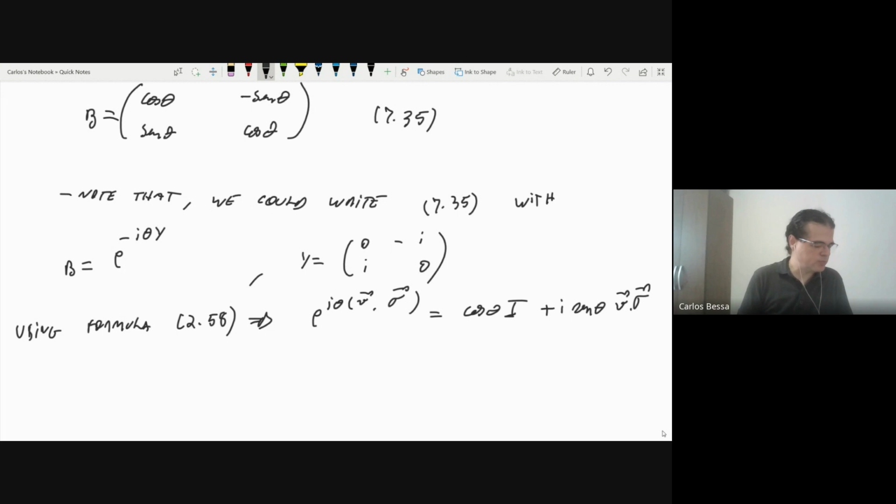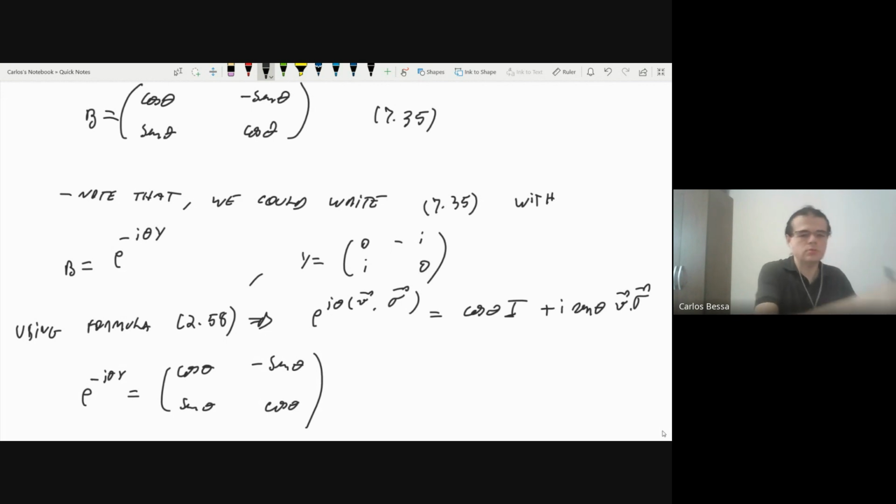So you can use this formula, the exponential of minus i theta Y is exactly what we have: cosine of theta, minus sine of theta, sine of theta, and cosine. Okay.